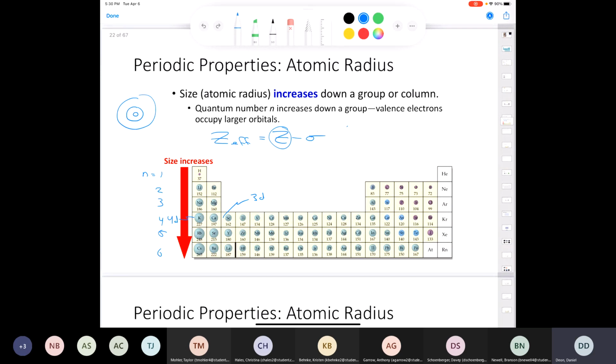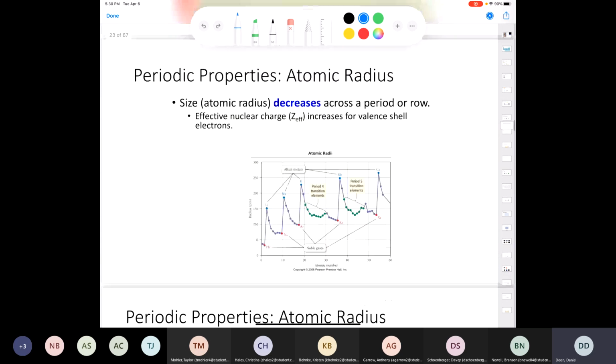So as Z increases, as we go from atomic number for scandium 21, 22, 23, 24, 25, and so on and so forth, we also are adding a number to the sigma. So effective nuclear charge isn't increasing when we go across the D block. Generally speaking, it doesn't increase very much, okay?